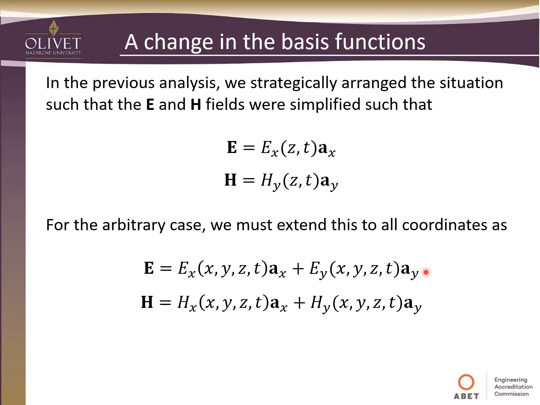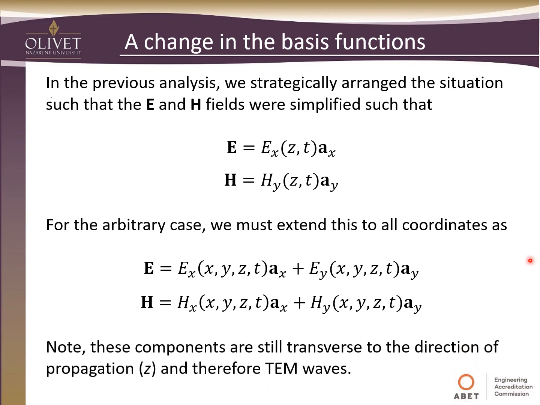We could tilt that axis and make it so that it does have an x and a y contribution. Same thing with the magnetic field. So there won't be a z component because we are going to keep the condition that it's transverse. Since there is no z component, we can still consider these as TEM waves as we did before.